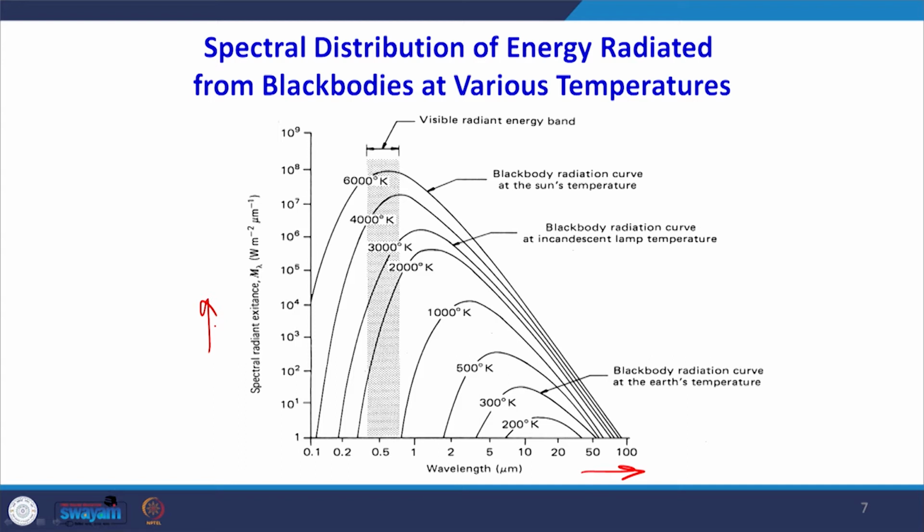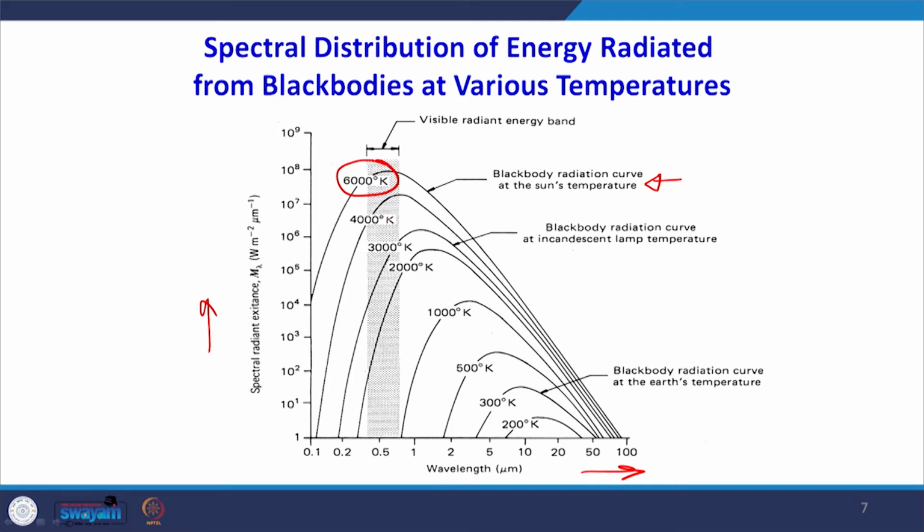These different curves indicate that, ranging from 6000 degree Kelvin, which is the temperature of the sun, the black body radiation curve at the sun temperature will be the highest peak, and the maximum peak is in the visible part of the spectrum.